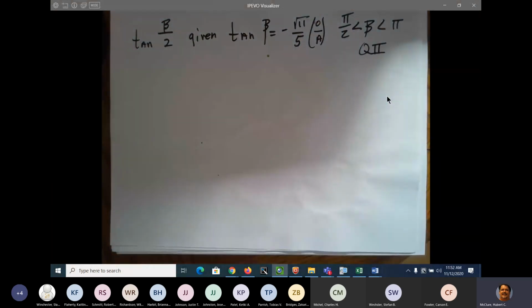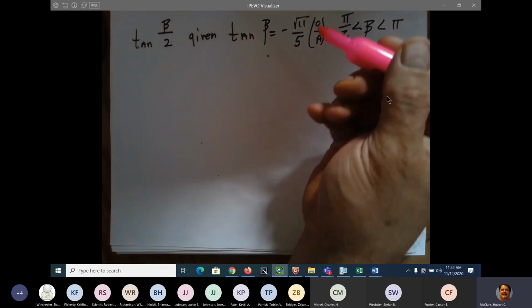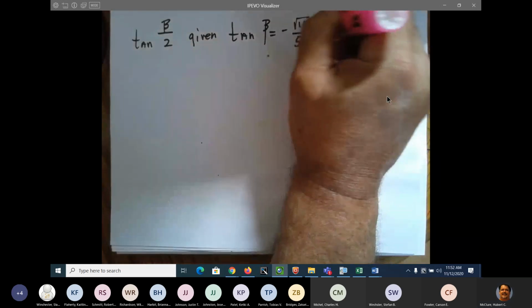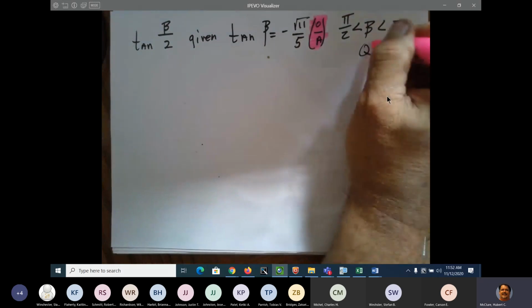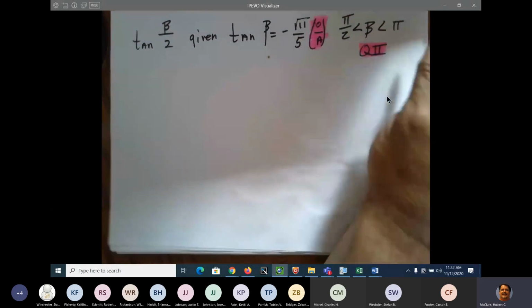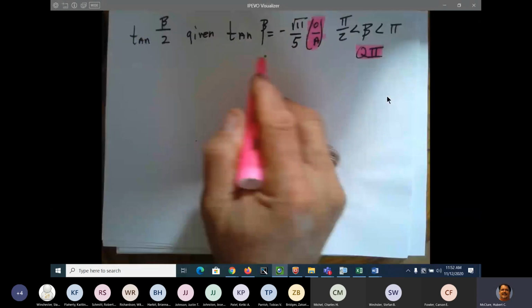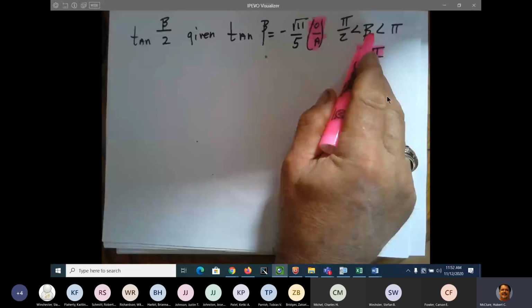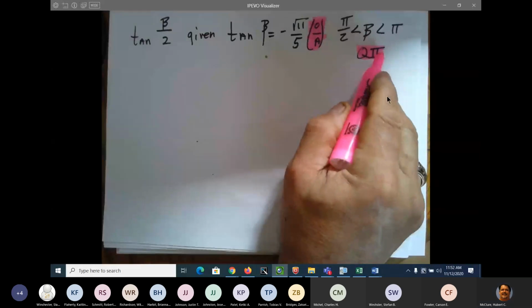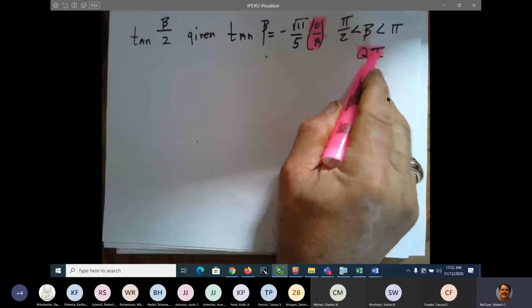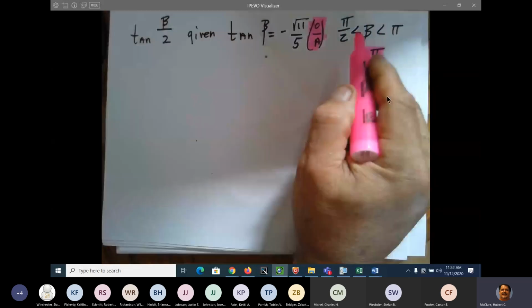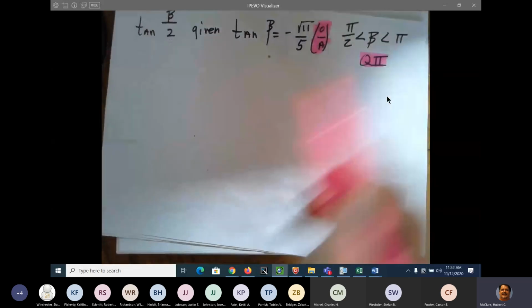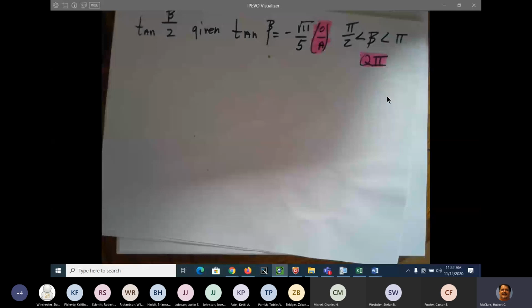Okay, there's 2 or 3 things you need to write down before you start this problem. First one is opposite over adjacent. Here, you need to make sure you understand that beta is in quadrant 2. Now, how do you find out where beta over 2 is? Well, you just divide all this by 2, and I'm going to do that now.